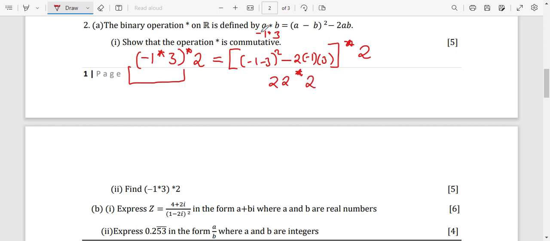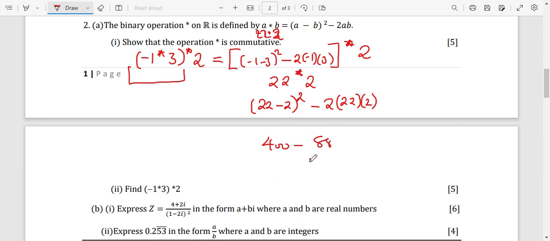Now again, A has been replaced by 22, and B has been replaced by 2. So this will become, where there is A, put 22 minus 2 squared, then minus 2 times 22 times 2. 22 minus 2 is 20. 20 squared is 400. 2 times 22 times 2 is 88.